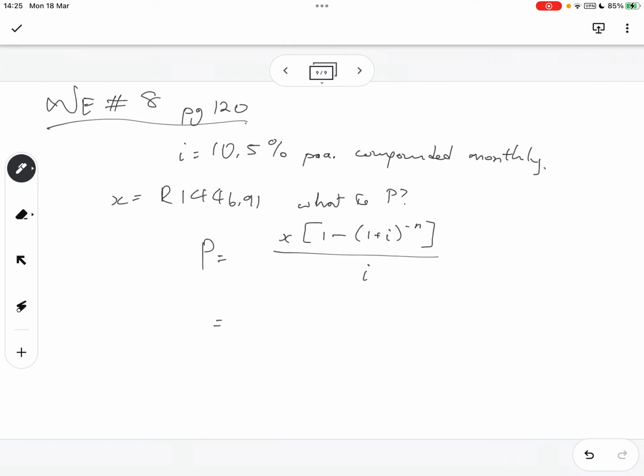We've got x, we've got i. So our interest would be 0.105 over 12 because it's compounded monthly.